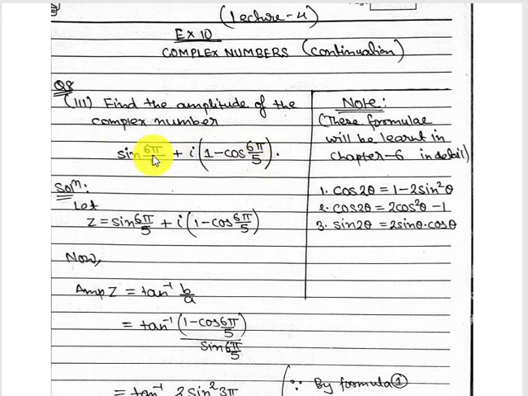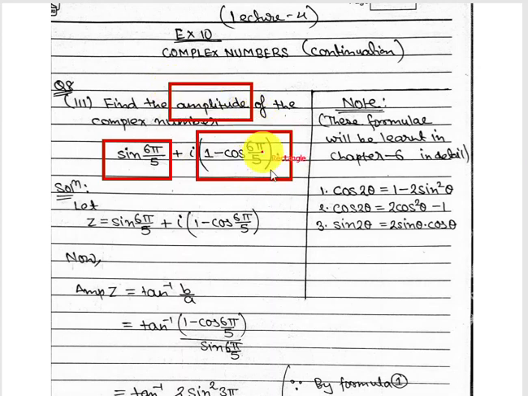So clearly it is an a plus ib form, where your a is sine 6 pi upon 5, and your b is 1 minus cos 6 pi upon 5. That means this is the real part, this is the imaginary part, and we are looking for the amplitude.